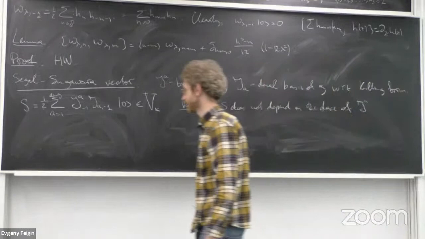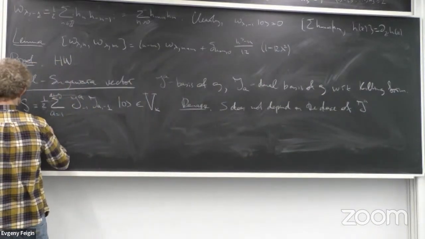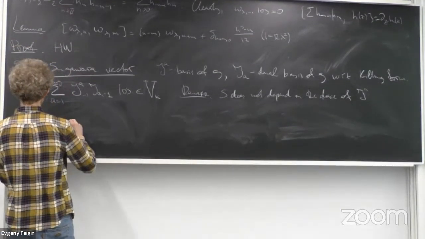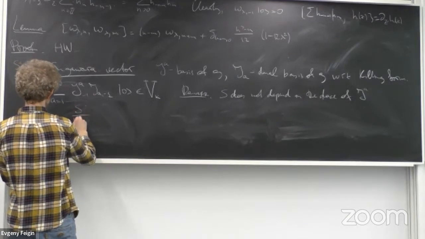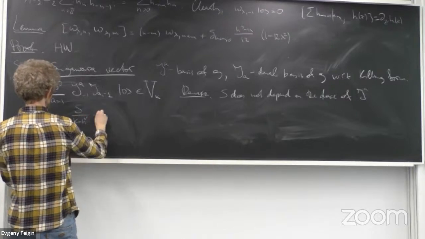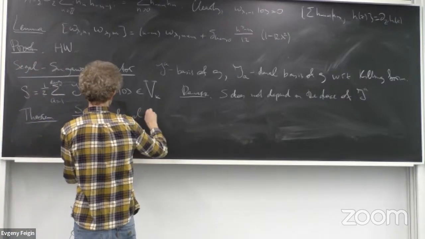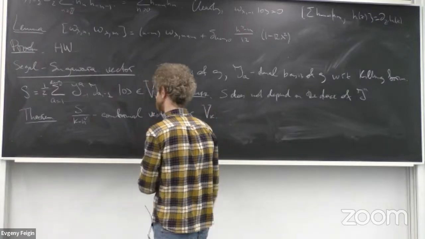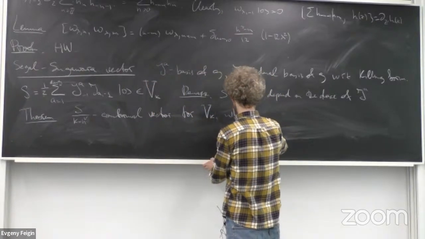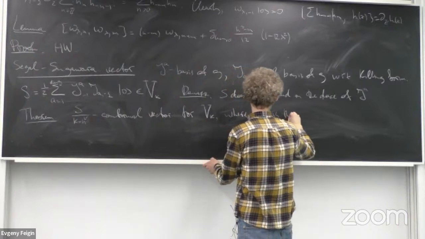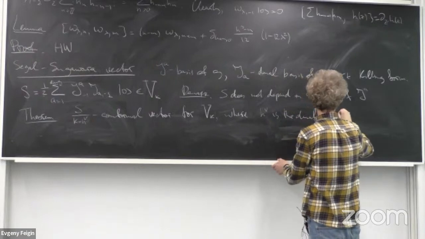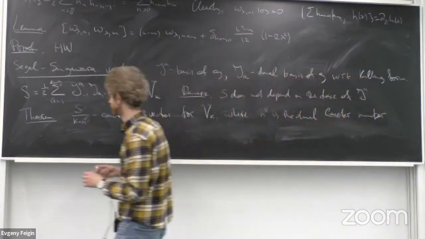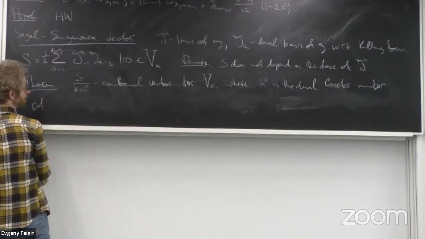Okay, and then the theorem says that if you take S over k plus h check, this is the conformal vector for V_k, where h check is the dual Coxeter number of g.